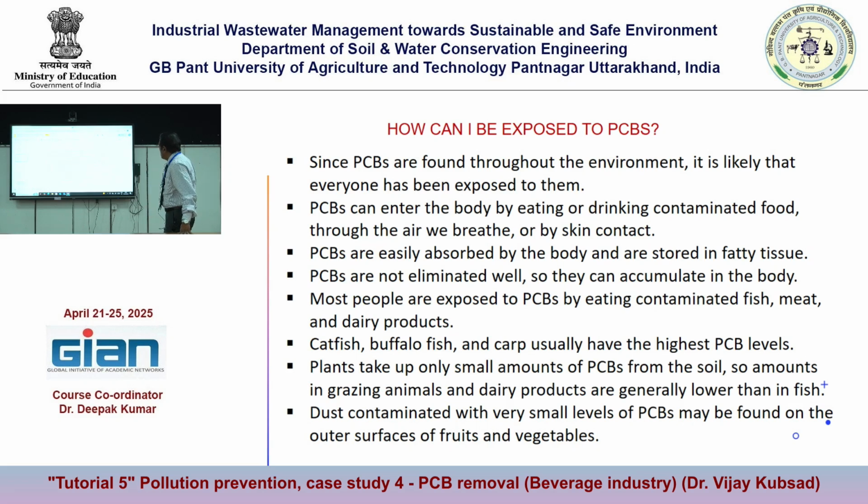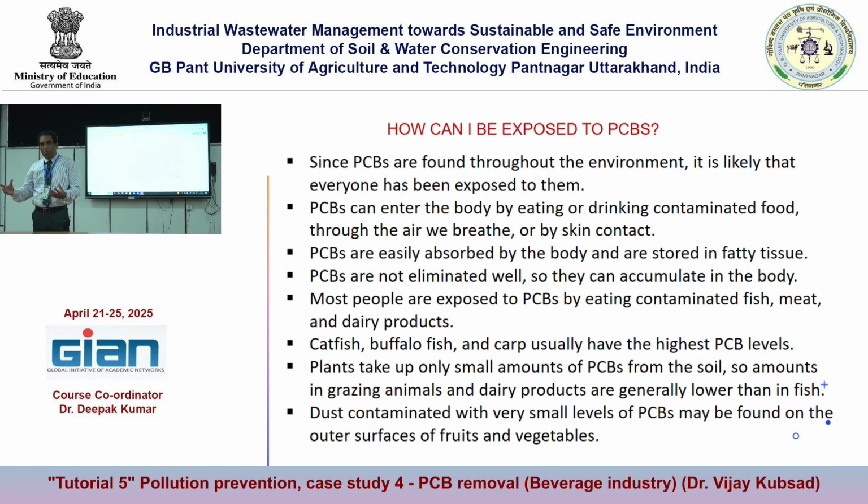A plant takes up only a small amount of PCB from the soil, so the amount in grazing animals and dairy products is generally lower than in fish. Dust contaminated with a very small level of PCB is found on the outer surface of fruits and vegetables. I was giving you an example: the organically grown apple and the apples which we see, round, nice, shining, there is a difference, right?